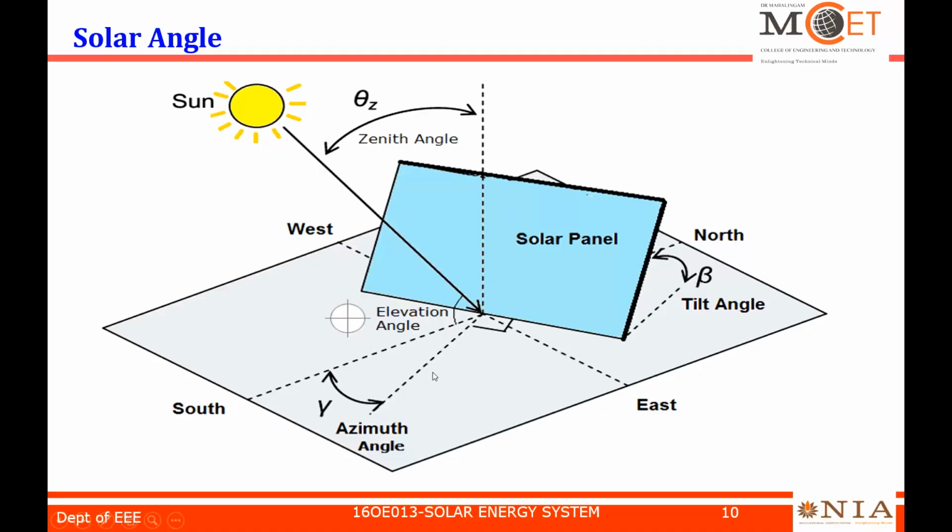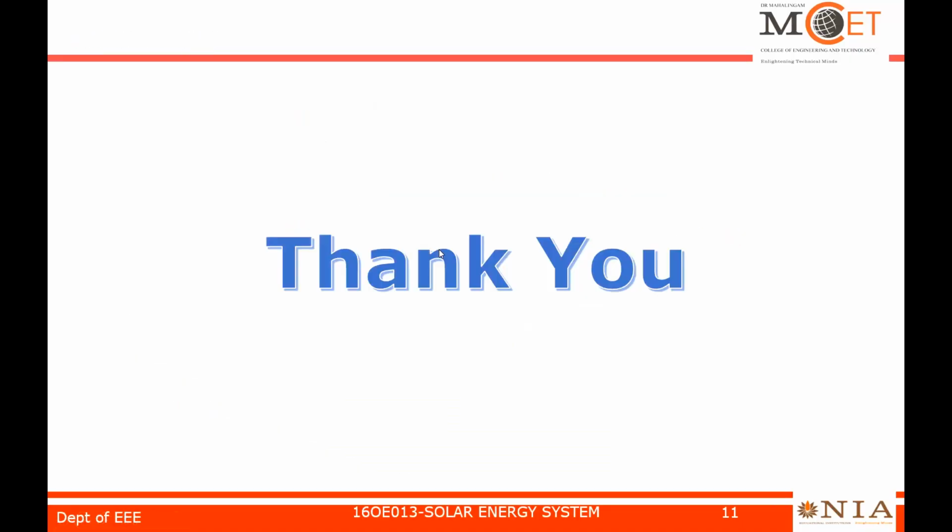The azimuth angle is the angle measured between the south and the projection of the sun's ray, and zenith angle is the angle measured between the sun's position and the horizontal line. These are some of the angles we have discussed. Hope all have understood the concepts and definitions of solar angles.